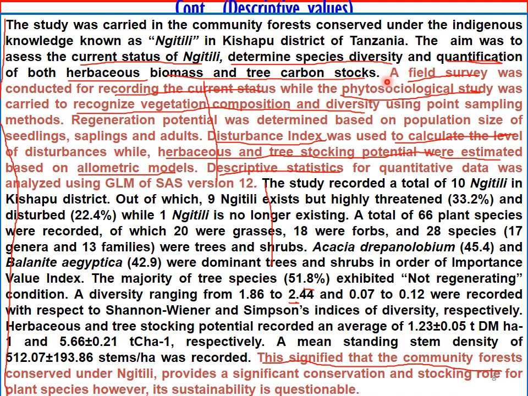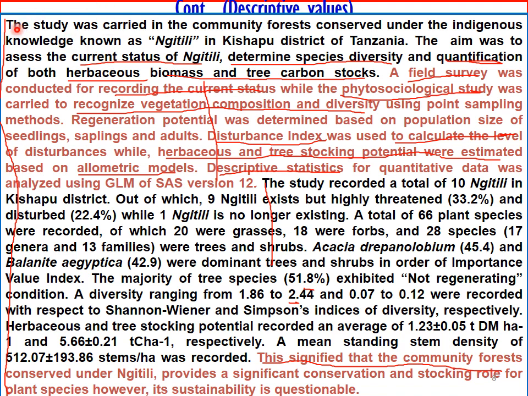From these points to here indicates the methods that were used in the study. From these points to here indicates the results. And from here to this particular point shows the conclusion and the implication. So this is the unstructured abstract.